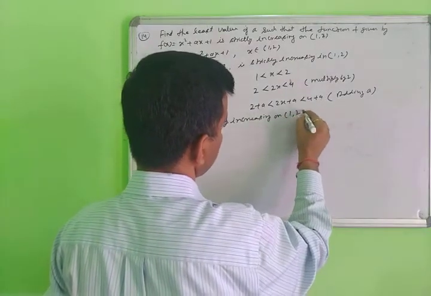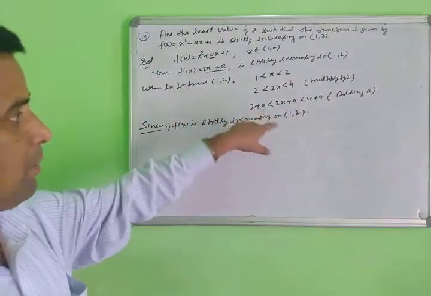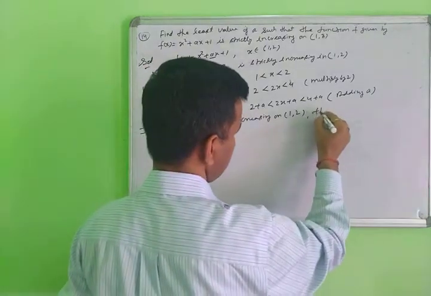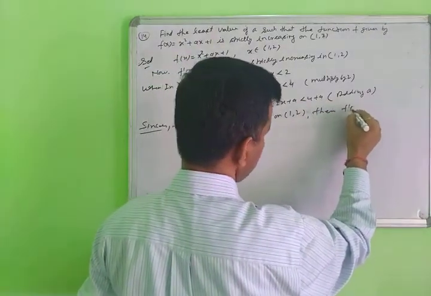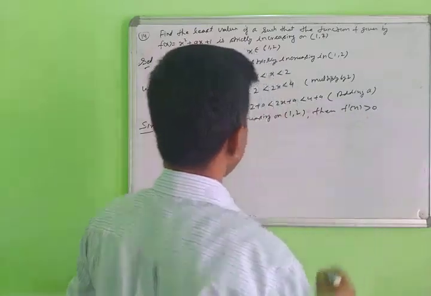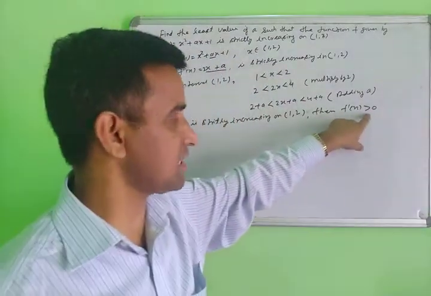on the open interval (1, 2), then you can write here f dash x is greater than 0. Strictly increasing means f dash is greater than 0.